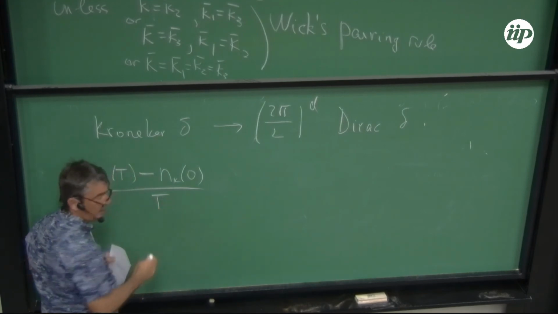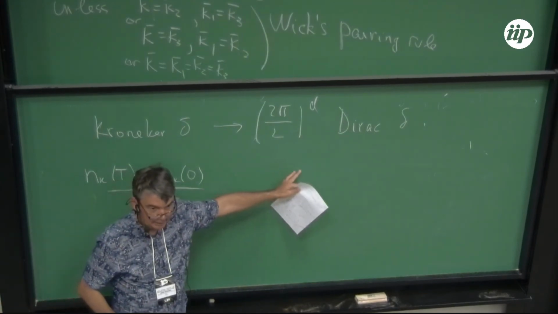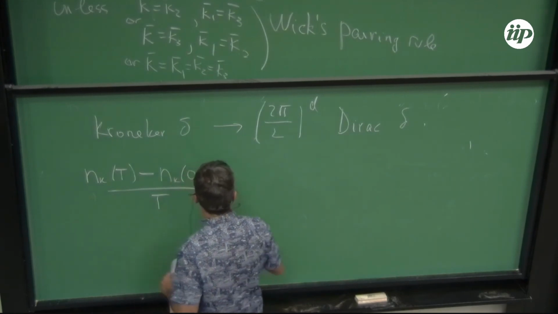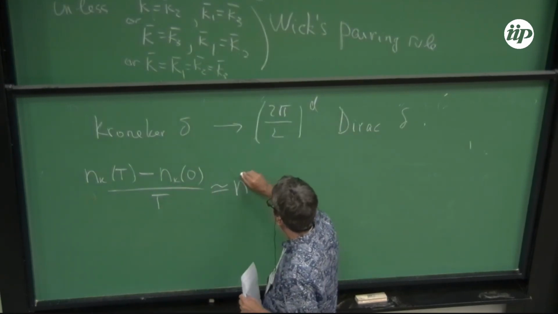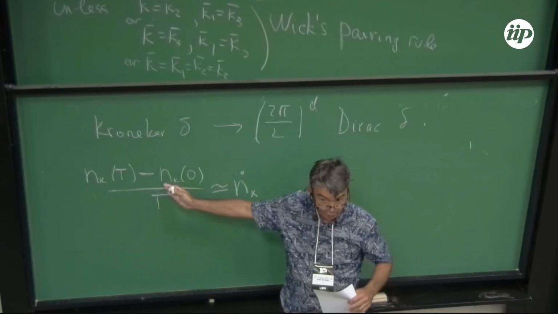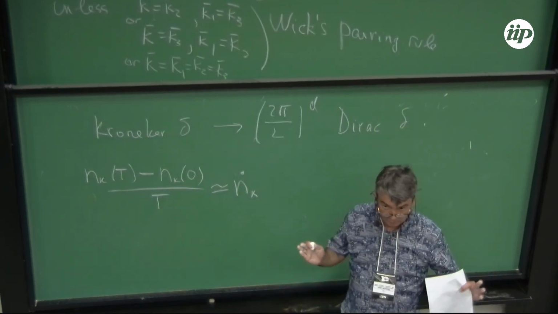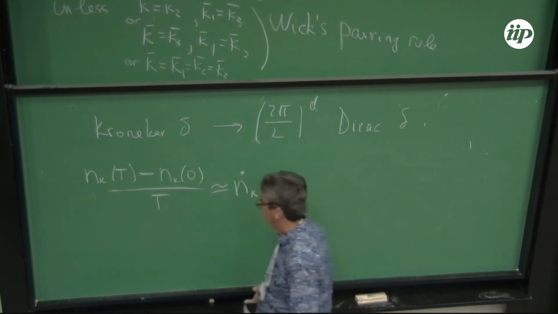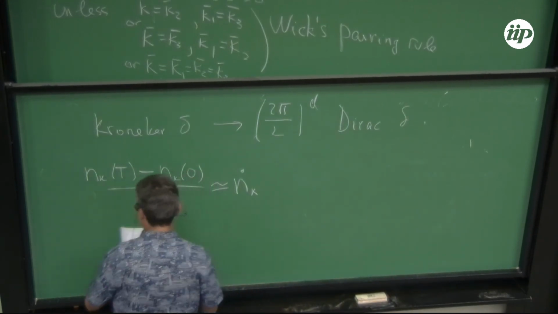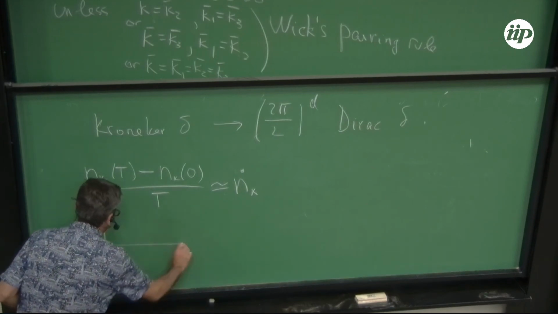If I divide by t, there is no t dependence on the right-hand side anymore. That's good. So I say this is my approximation for n dot of k. It's the Eulerian approximation for the derivative.